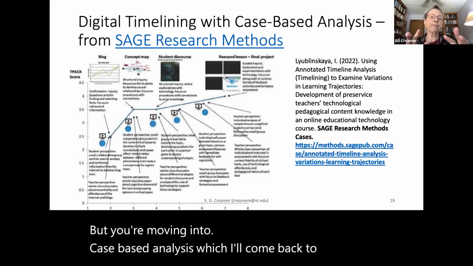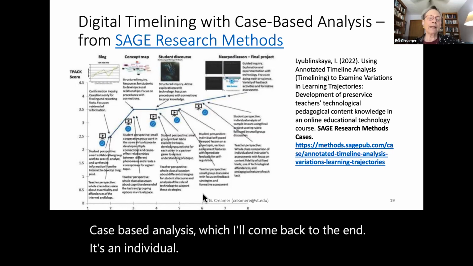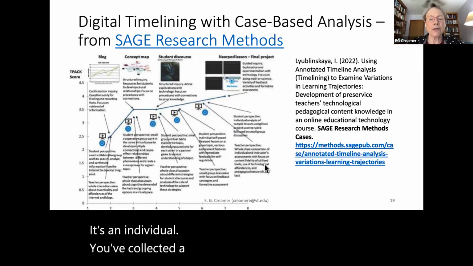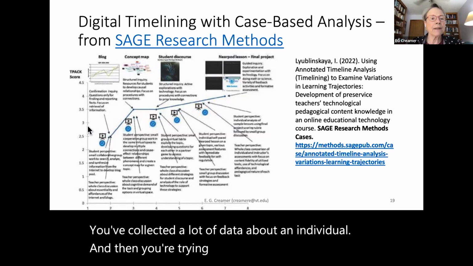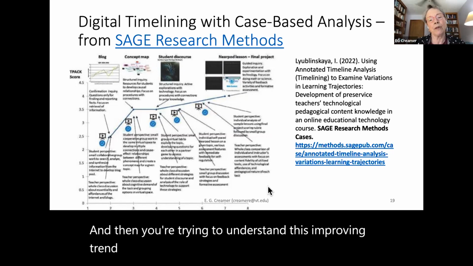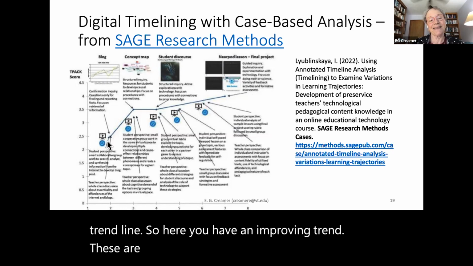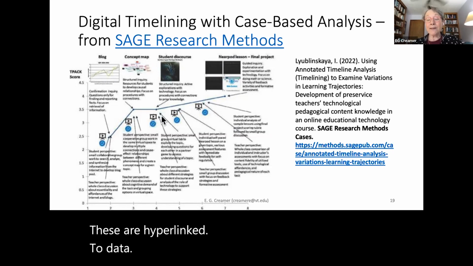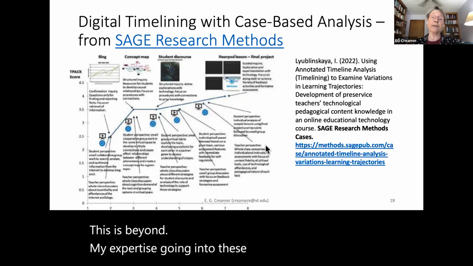It's an individual. You've collected a lot of data about an individual, and then you're trying to understand this improving trend line. So here you have an improving trend line. These are hyperlinked to data. This is beyond my expertise, going into these hyperlinks, using data as hyperlinks.